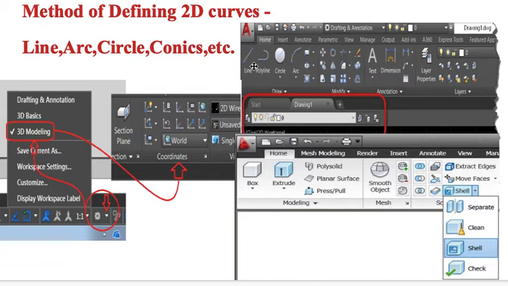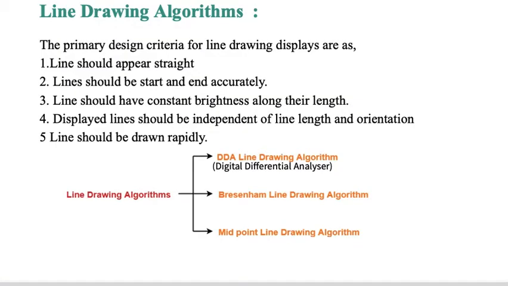So now we'll see the line drawing algorithm. The primary design criteria for line drawing displays are: a line should appear straight, a line should start and end accurately, a line should have constant brightness along its length, displayed lines should be independent of line length and orientation, and a line should be drawn rapidly.